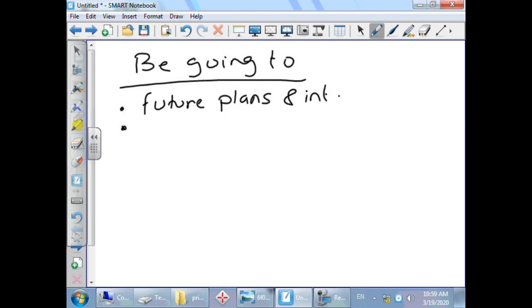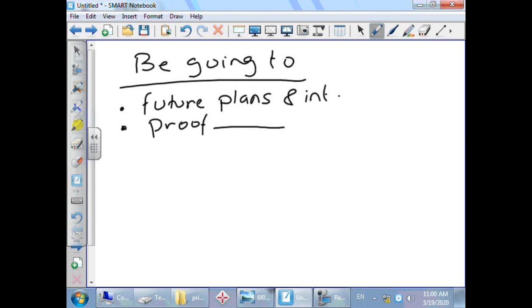So you intend to do something, the future plan. Or to predict that something is going to happen when we have proof or information. For example, Juliet is on the wrong platform. She's going to get on the wrong train. So you have proof that something will happen.